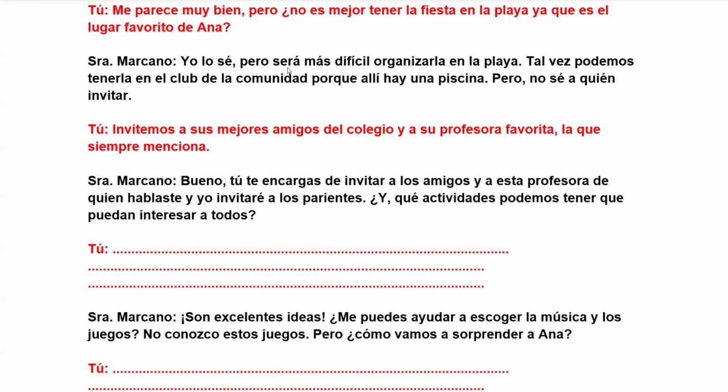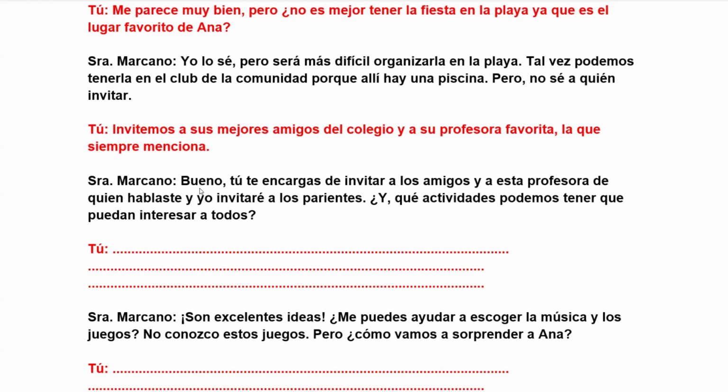I know, but it will be harder to organize it at the beach. Maybe we could have it at the community club because there's a pool there, but I don't know who to invite. Okay. So let's invite her best friends from school and her favorite teacher, the one she always mentions or the one she always talks about.